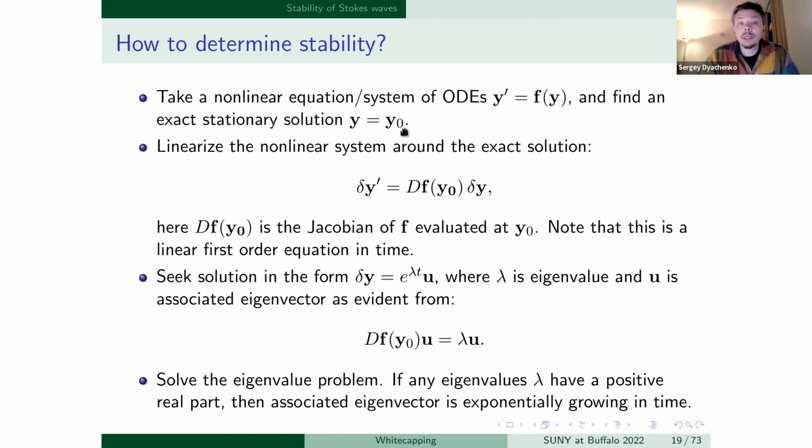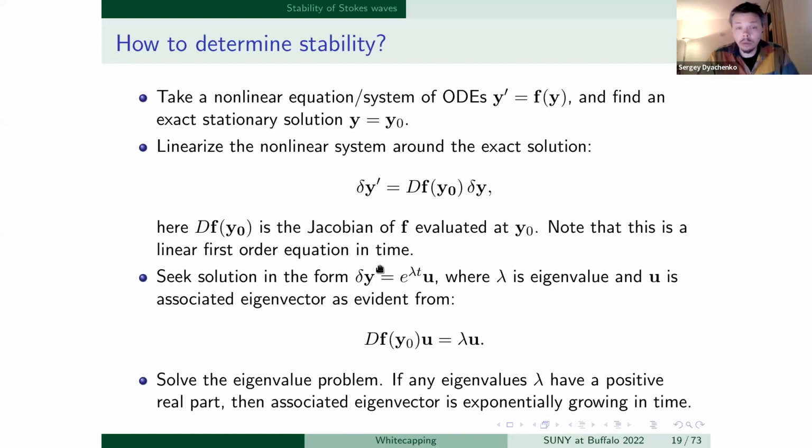So basically, we consider y in the form of y naught plus delta y, plug it into the ODE, and linearize this function f of y on top of y naught. We get this Jacobian df evaluated at the exact solution y naught. And this is now just a nice first order linear equation in time. The solution of a first order linear equation is just given by an exponential.